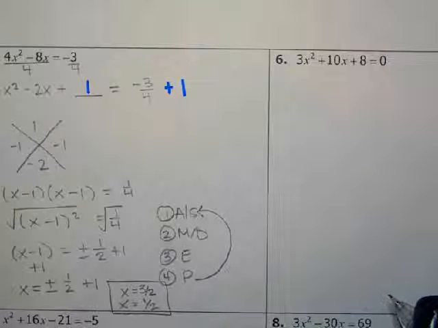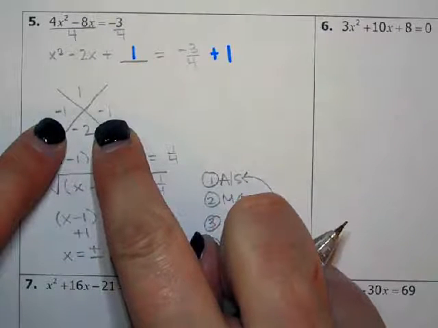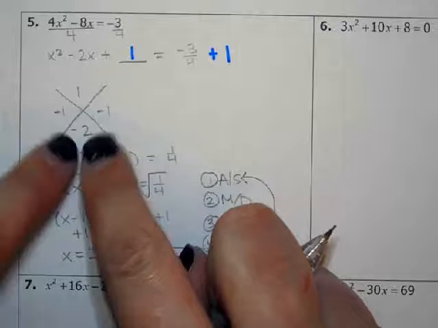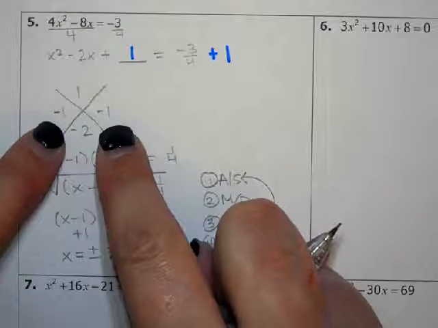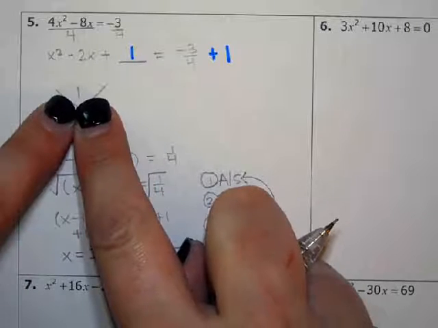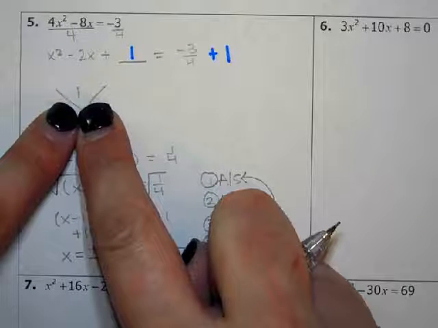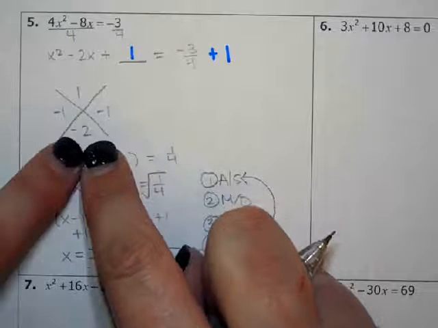-1 plus -1 is -2. -1 times -1 is +1. So when you multiply them together, you get +1, but when you add them together, you get -2.